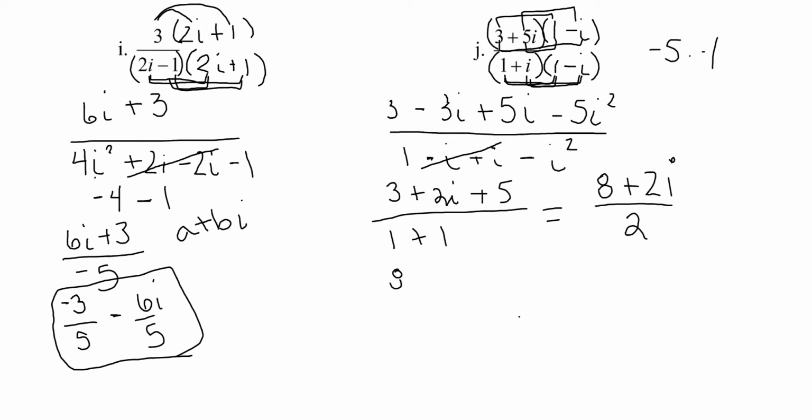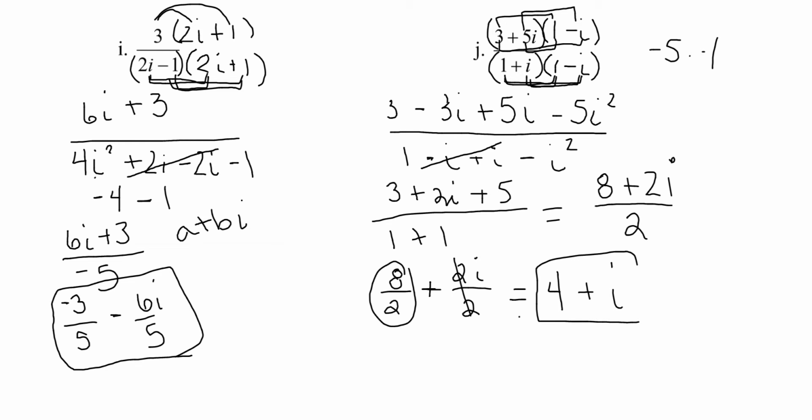So we're going to separate it into two separate fractions. I'll have 8 over 2, plus 2i over 2. And if you notice, we can simplify our fractions. So 8 over 2 simplifies to 4. And 2 over 2 equals 1, so I'm left with just plus I. So our final answer is 4 plus I.